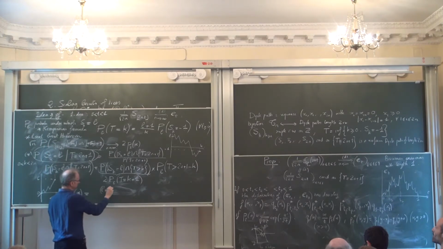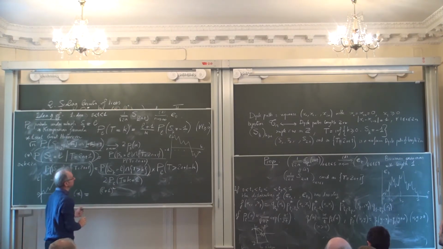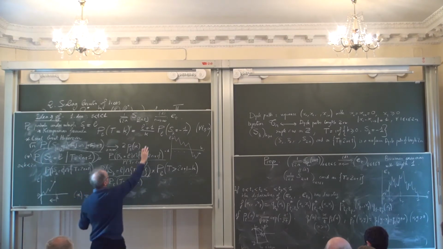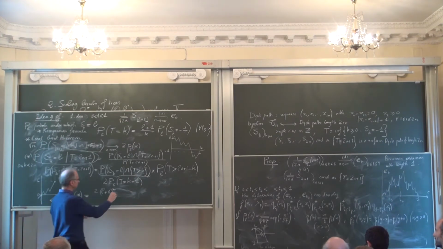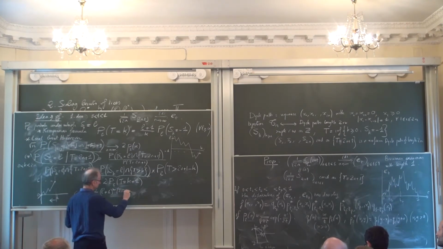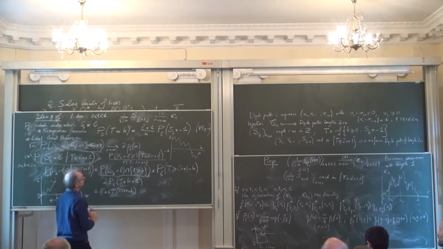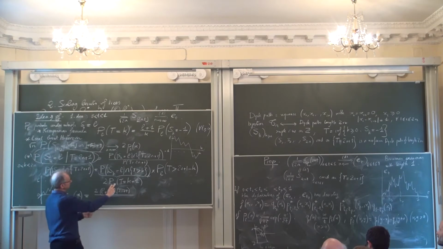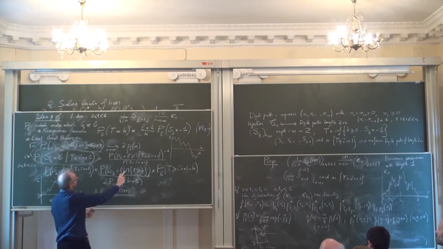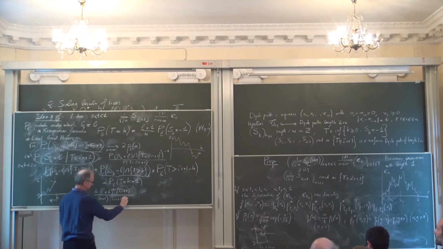What you get is an L plus 1 squared here because of this L plus 1 here. And you get 2 also. And you get a factor 2n plus 1 also. And you have to divide, when you replace this by k plus 1, by 2n plus 1 minus k.